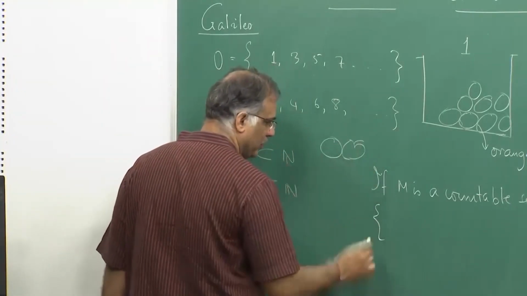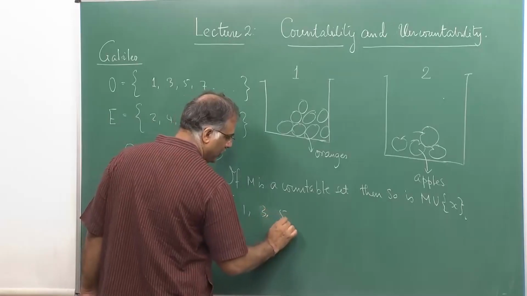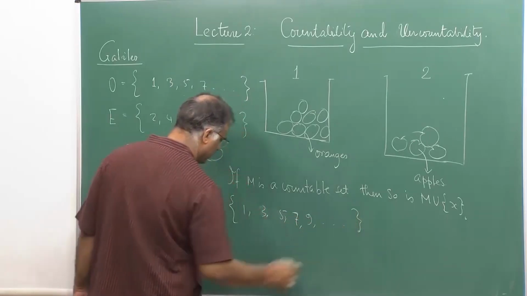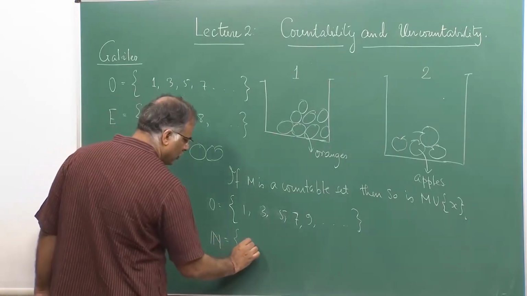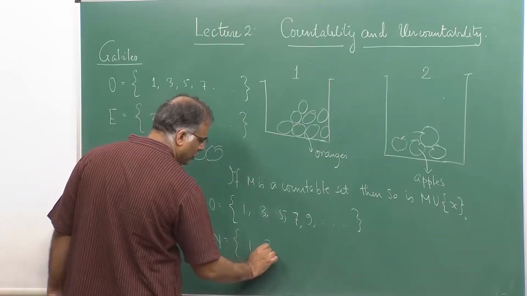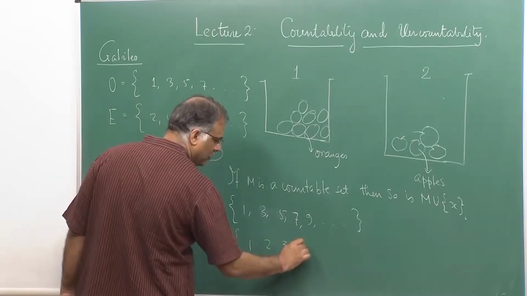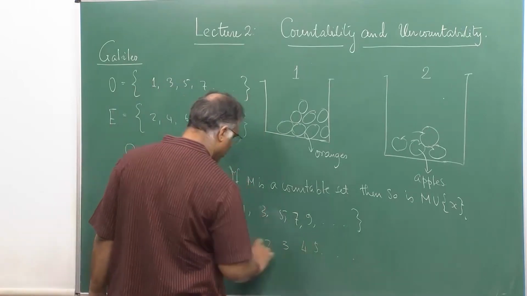So, for example, I take the odd ones, 1, 3, 5, 7, 9, 11, 13 and so on, and the natural number set. How do I do it? 1 is related to 1, 3 is the second odd number, 5 is the third odd number, 7 is the fourth odd number, 9 is the fifth odd number and so on.